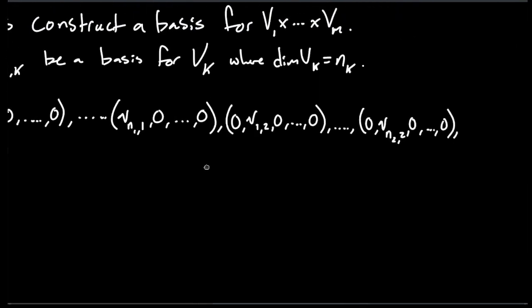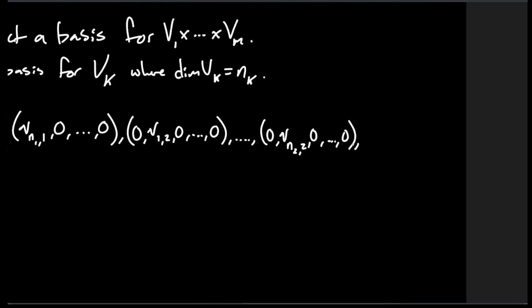Comma, and then I'm going to write ... all the way down through, and now we'll do this in the very last one. I'm not going to write the whole chunk over again, but I'll just do 0, comma, ... all the way down to 0, comma, vnm,m.